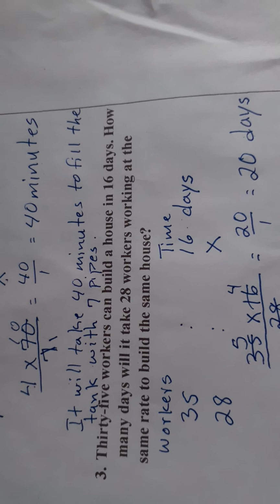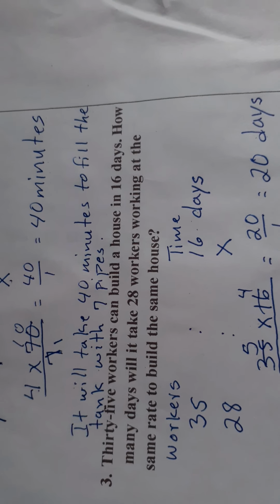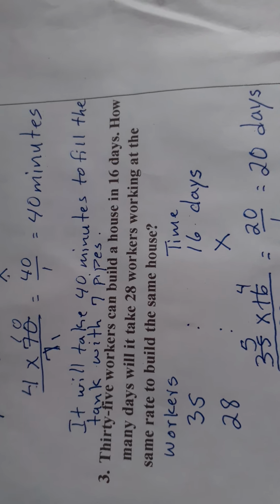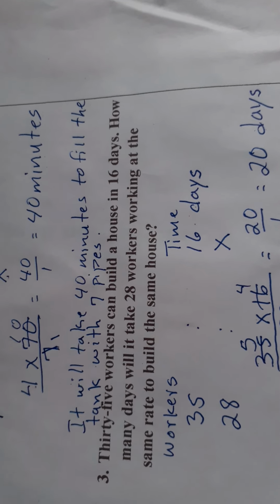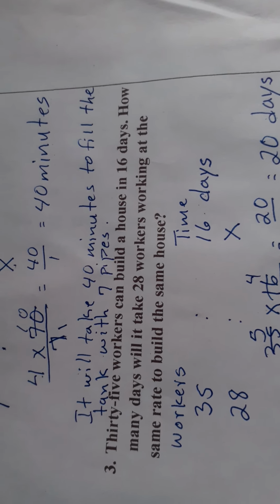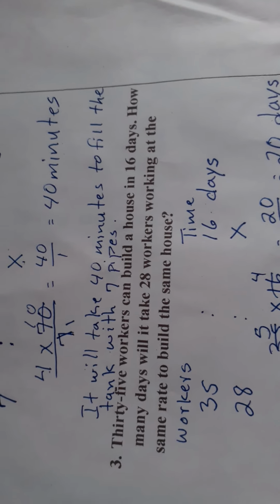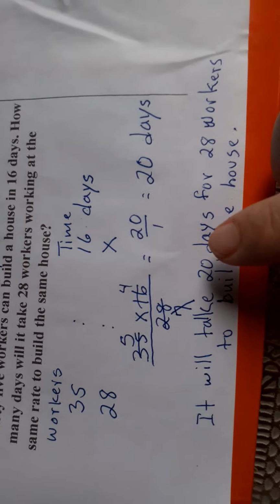It has people or things doing some kind of work, either building or creating or digging or filling, whatever it is, at a certain time, which can be minutes, seconds, days, weeks, hours, months, years, etc. Okay, then you know that it is inverse proportion and you solve it this way.